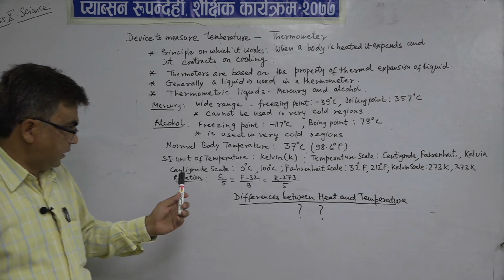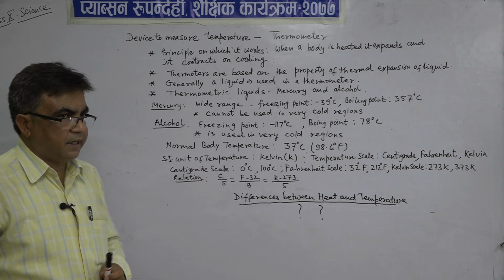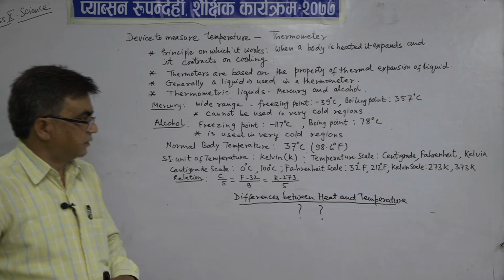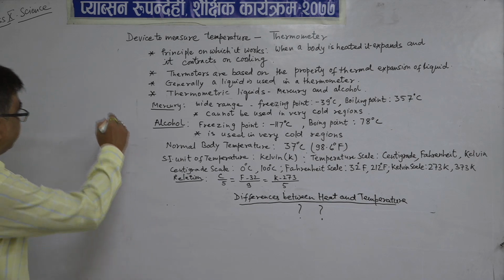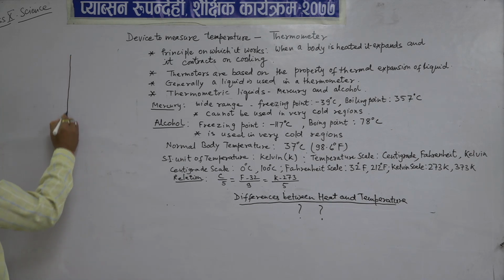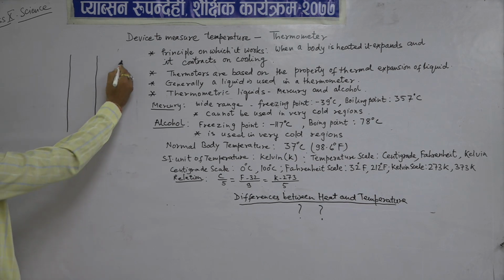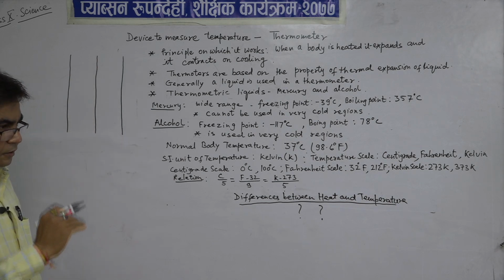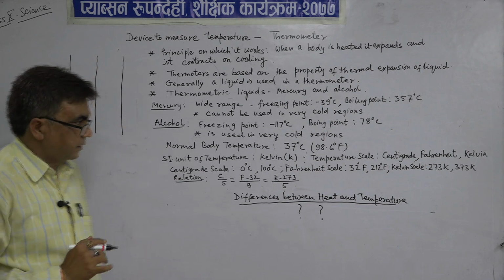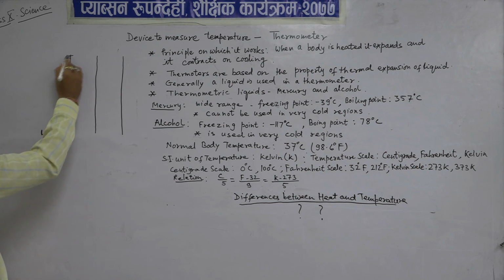Now, one thing: I will show you here the three scales. This is, suppose, the centigrade scale, this is your Fahrenheit scale, this is your Kelvin scale. What is done is that 2 points are fixed, called the lower fixed point and the upper fixed point.